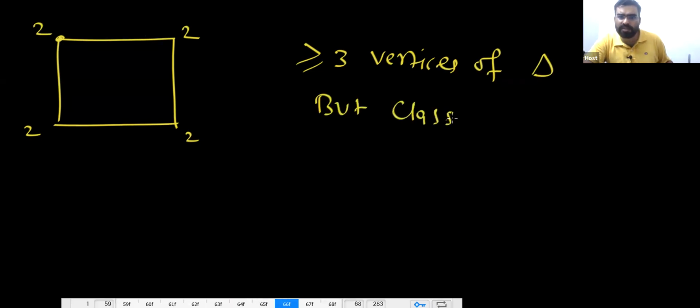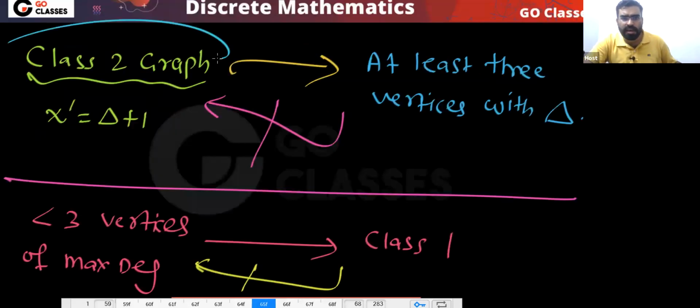But still this is class 1. So this statement is one way. It means if your graph is class 2, then you must have at least 3 vertices of maximum degree.